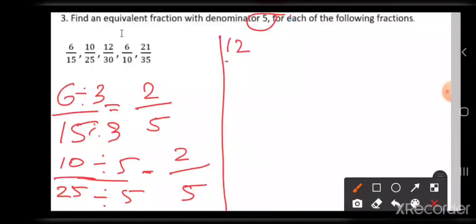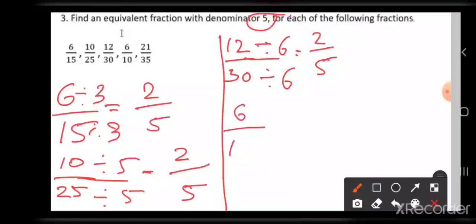Question number 3. 12 upon 30 is equal to dash upon 5. 5 sixes are 30. 6 twos are 12. Question number 4. 6 upon 10 is equal to dash upon 5. Divide by 2. 5 twos are 10 and 2 threes are 6.